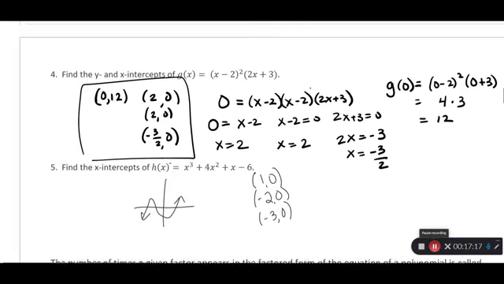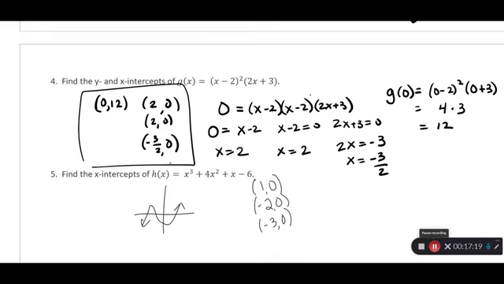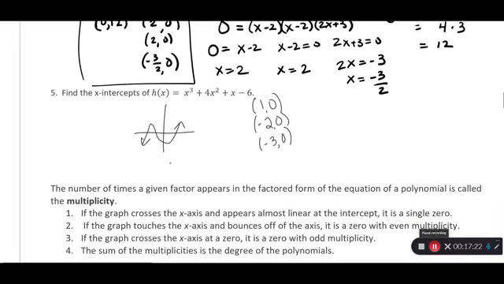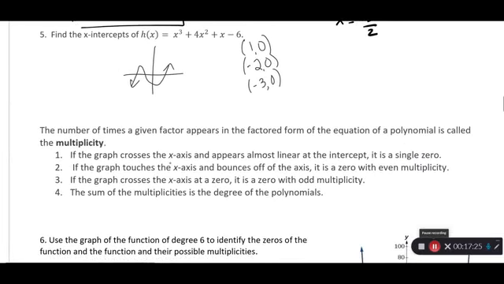Now, we mentioned earlier in a previous video that we have some multiplicity. Multiplicity, the number of times a zero shows up, will indicate whether the graph touches or crosses the x-axis. So if that zero happens an even number of times, the graph is just going to touch or bounce off.